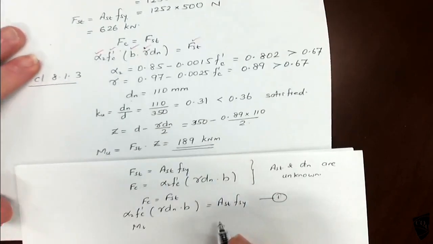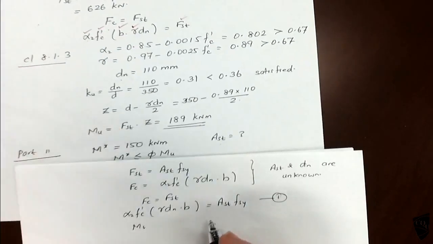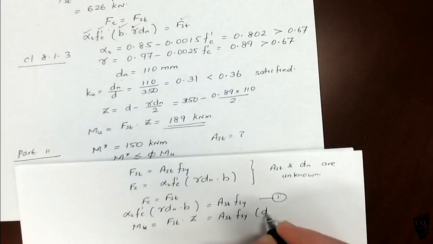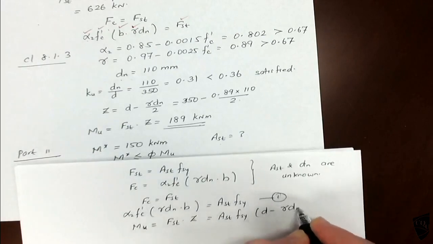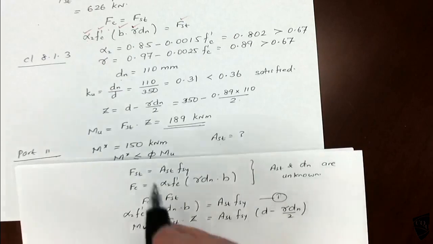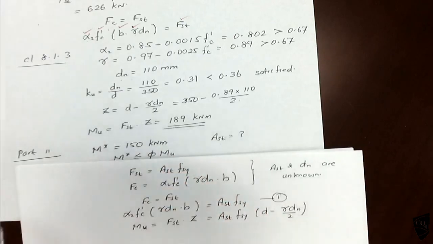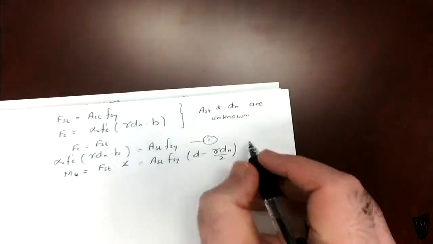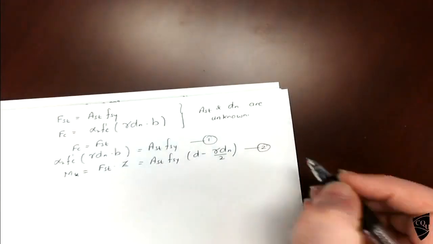The second one also I write here. Mu is equal to Fst times z. So Ast fsy times z, where z is equal to d minus gamma dn by 2. Same things, nothing changed. Okay. So I have two equations. I need to solve them.